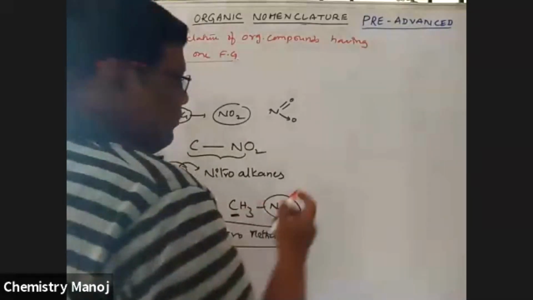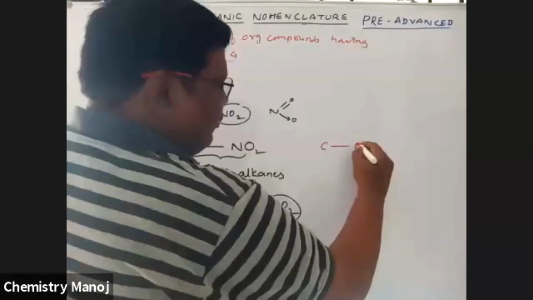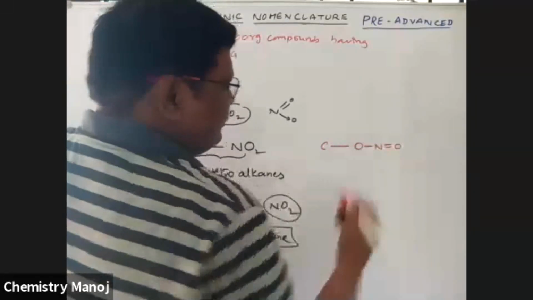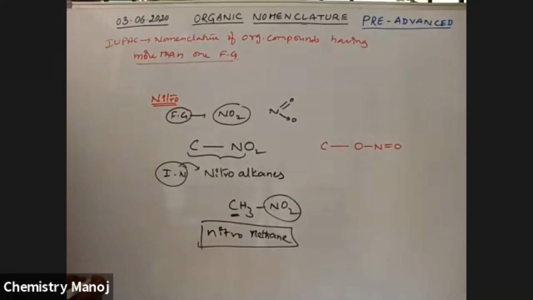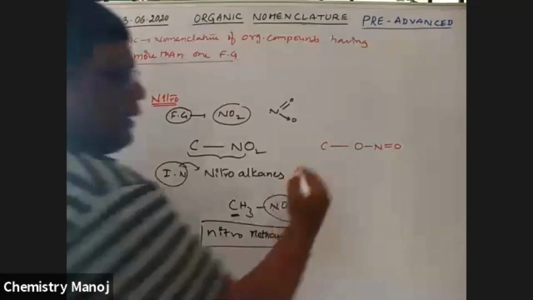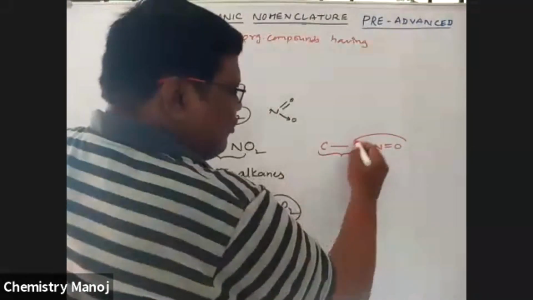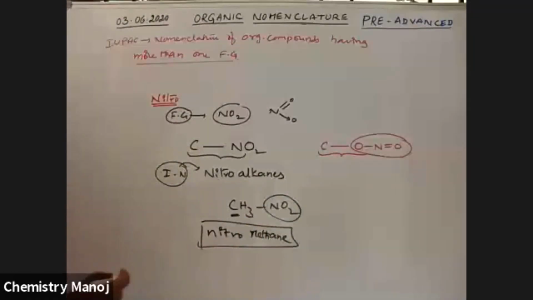So see here, carbon connected with ONO. Here there is a bond between carbon and oxygen, but it is NO2, no doubt. But the link is between carbon and oxygen.